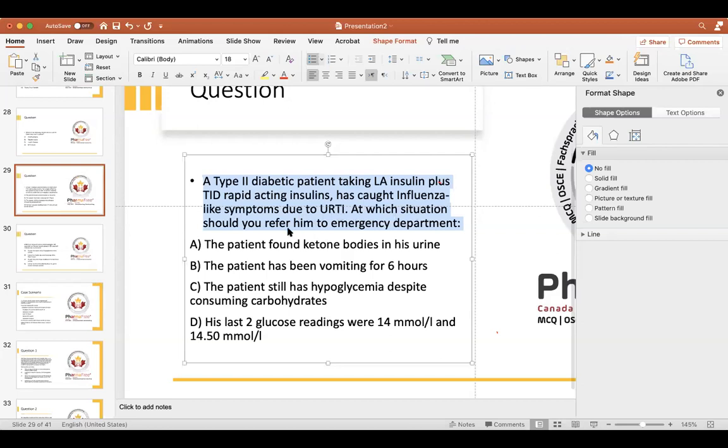At which situation should you refer him to emergency department? If the patient found ketone body in his urine, the patient has been vomiting for 6 hours, the patient still has hypoglycemia despite consuming carbohydrates, his last 2 glucose readings were 14 and 14.5.